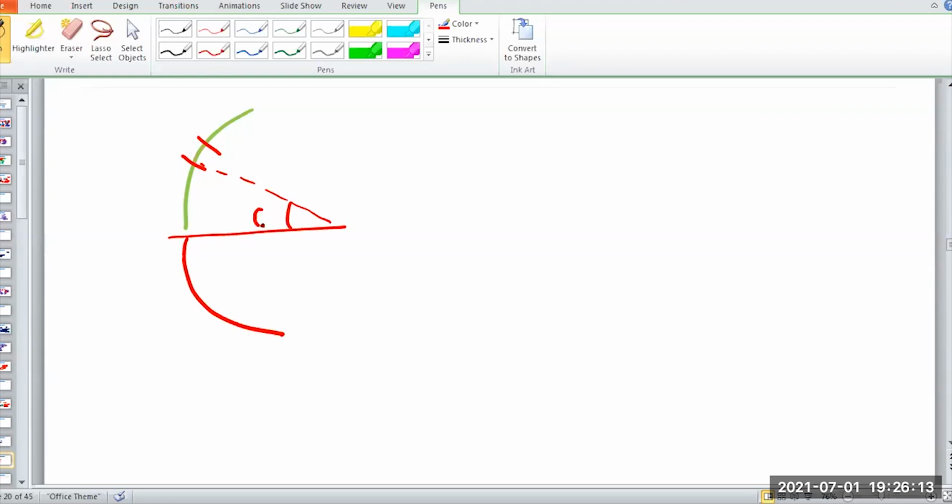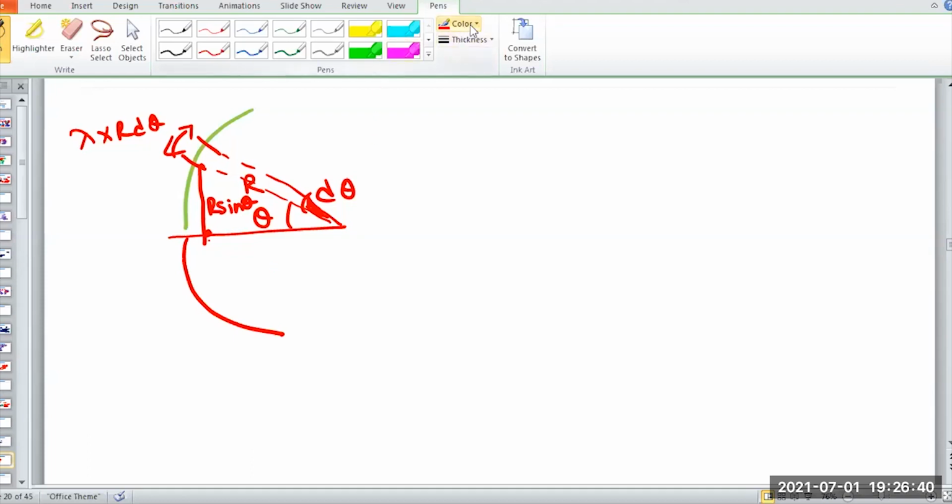If it is at angle theta, I am taking a small angle d theta. So this length will be r d theta, and the charge on this will be lambda into r d theta. And because this radius is r, the distance from this point will be r sine theta.